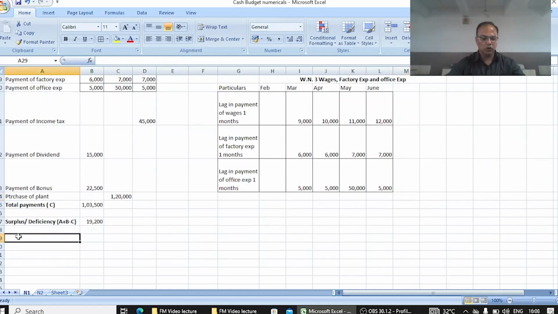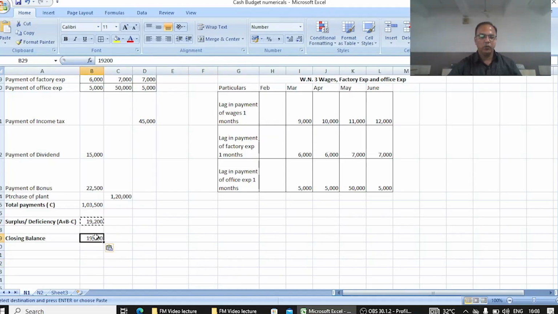This is also called closing balance. This is closing balance. Same figure 19,200 will be here.